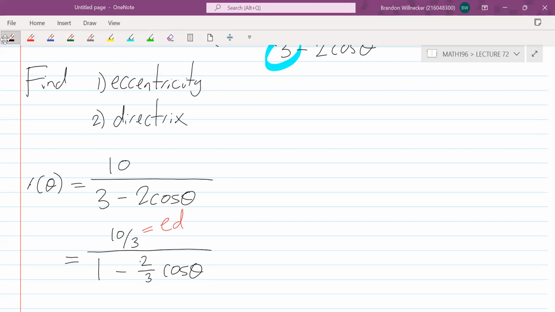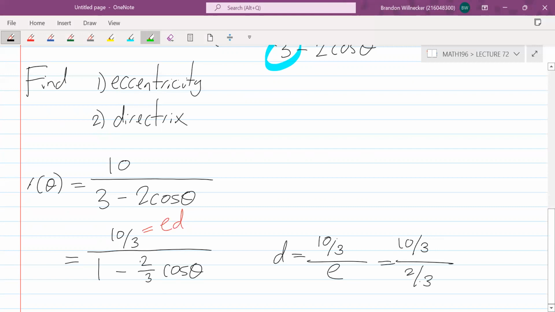We know E is 2/3, so we can calculate D. D is equal to 10 over 3 divided by E, just dividing both sides by E. So that's going to be 10 over 3 divided by 2 over 3, which we identify from this bottom factor here.